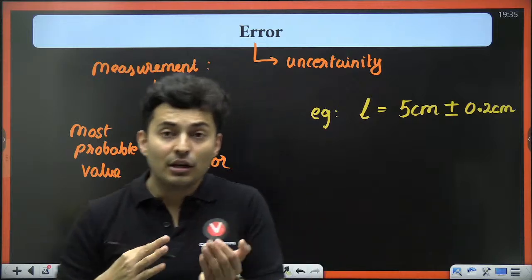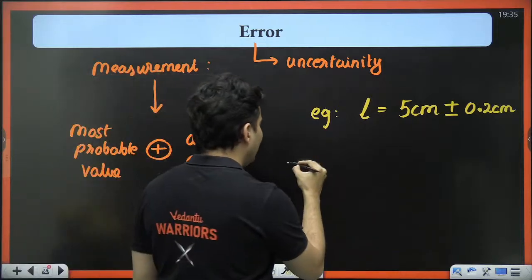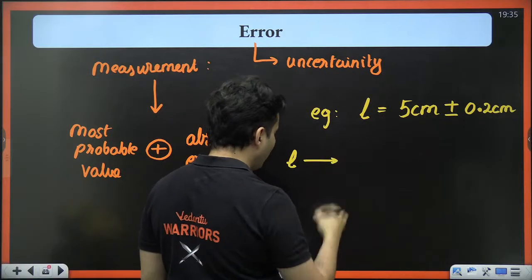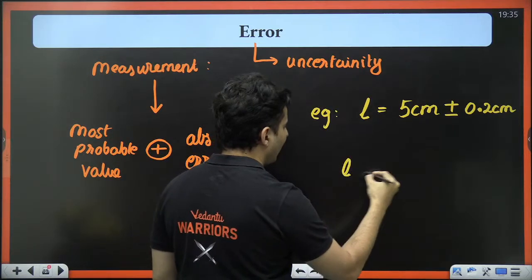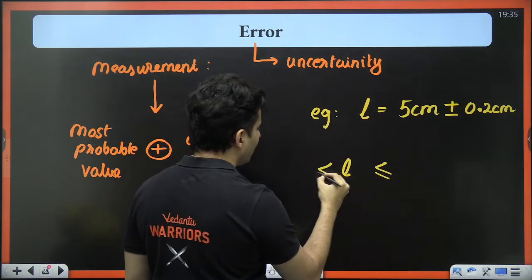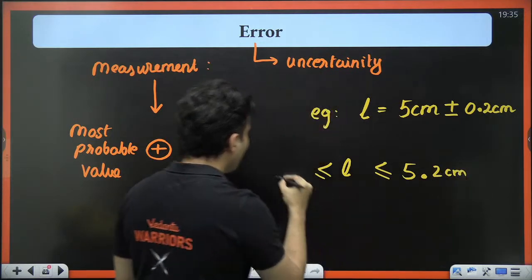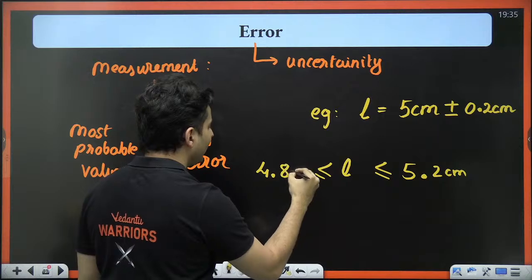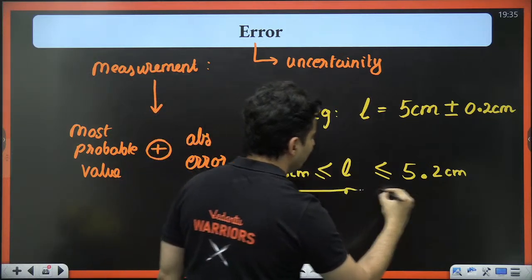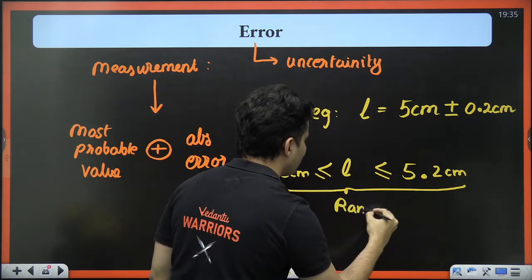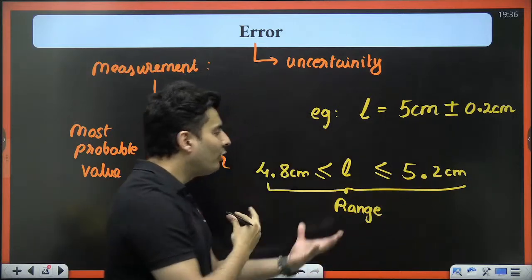Plus minus means the length can be anywhere between 5.2 centimeters and 4.8 centimeters. This is the range of the length where it can be.